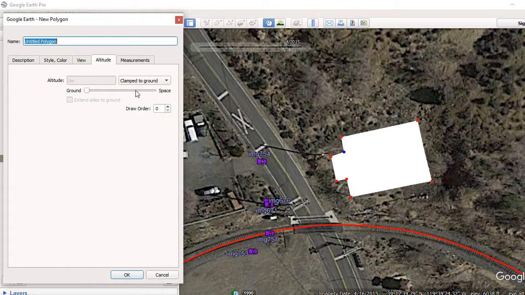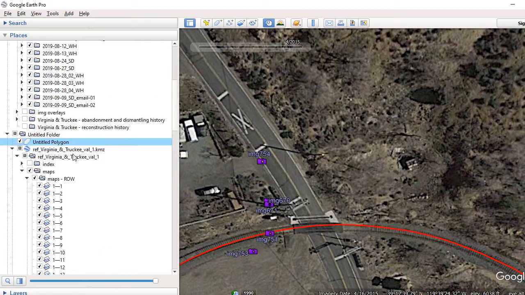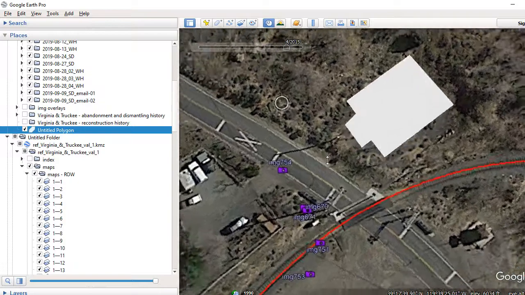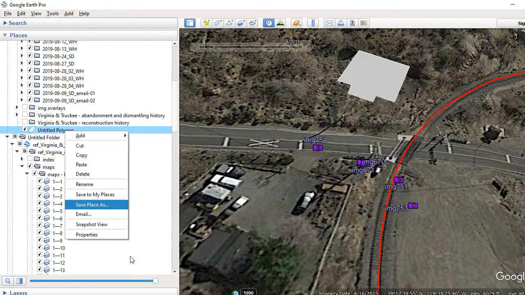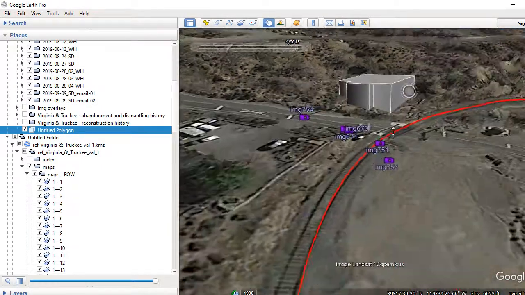Now you can also turn this into a 3D object, and this actually can be useful for understanding view sheds of photographs. Okay. If I make this, you've got to go in here and click the extend sides to ground option. And now you've got a 3D model.